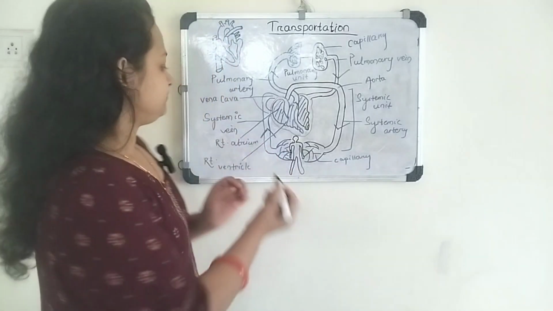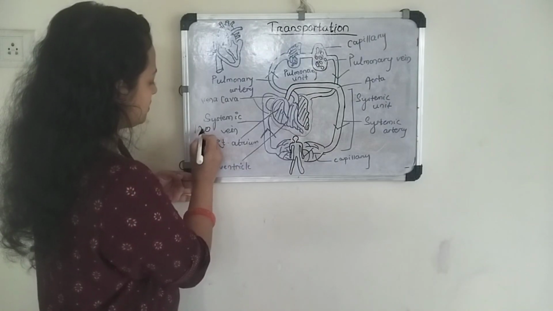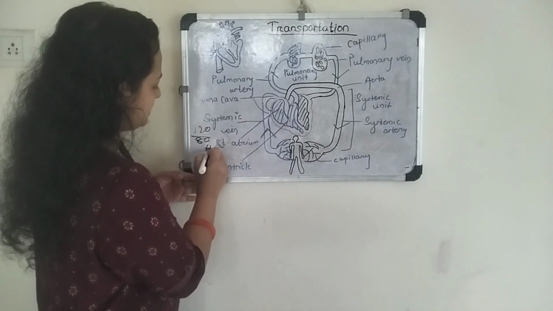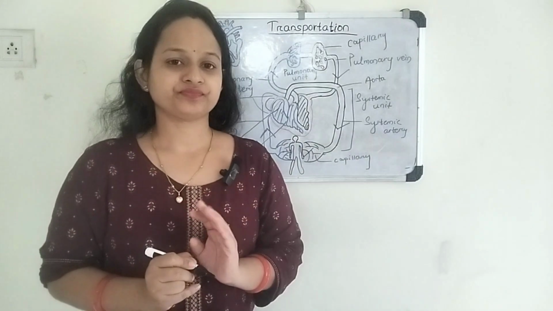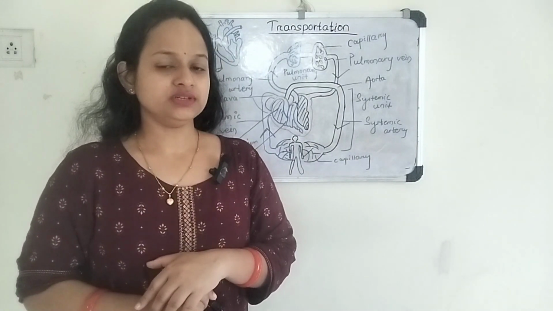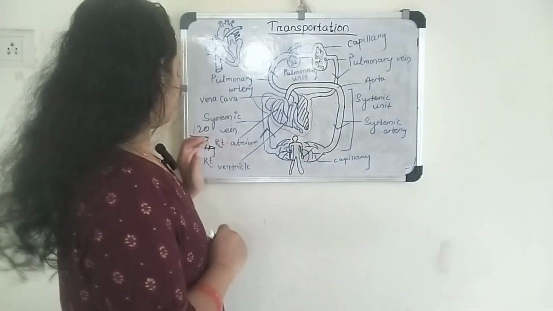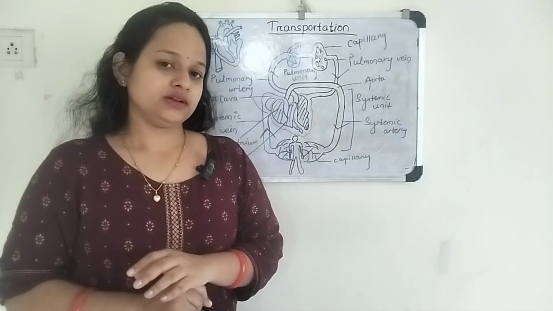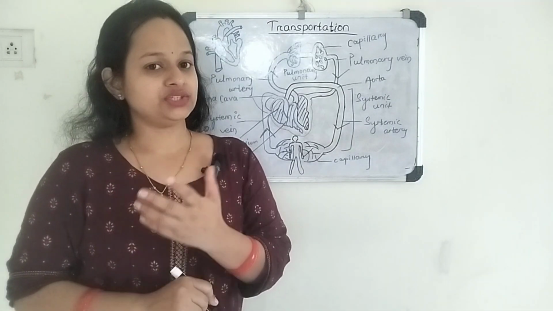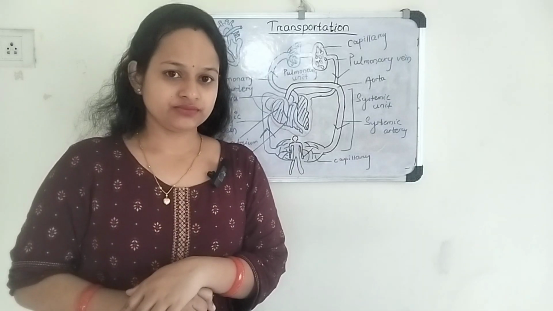Here, this is 120 by 80 mmHg. Here 120 is the systolic pressure, and 80 is the diastolic pressure. And I have already talked about what is systolic pressure and what is diastolic pressure.